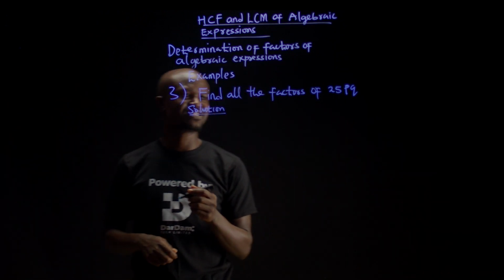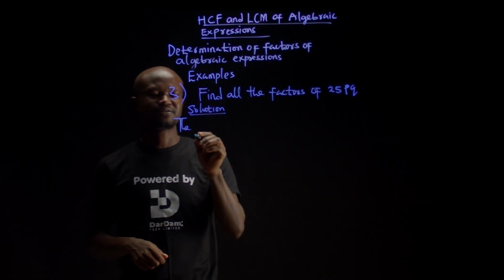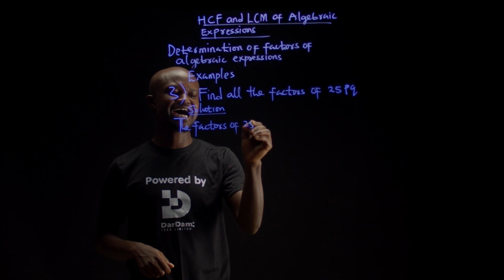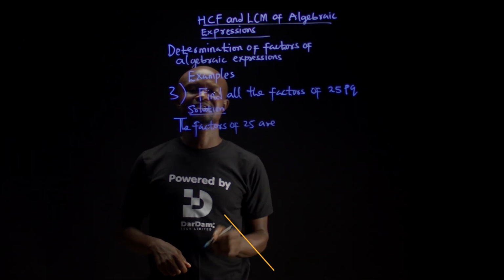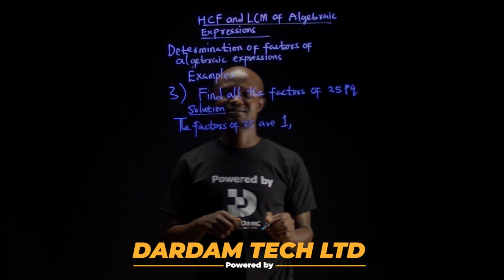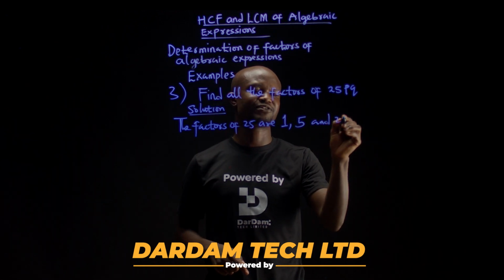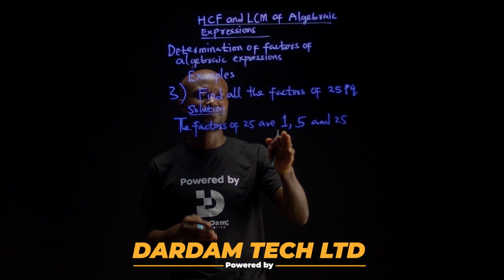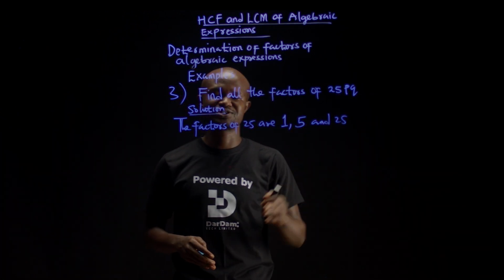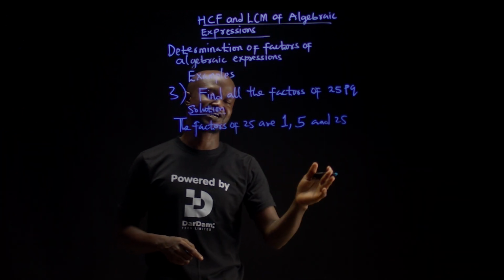So the first thing to get the numeric factor, we say the factors of 25 are, starting from 1, 1, then we have 5, and 25 itself. So these are the numeric factors of 25PQ: 1, 5, and 25. Now we need to get the non-numeric factors.